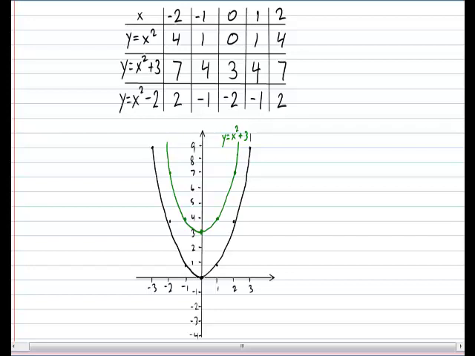Now let's take a look at the third parabola where 2 units were removed from the x squared. I'm going to draw that with a red pen. Okay, so carefully put down your coordinates. When x is 0, y is minus 2, right there. When x is minus 1 and positive 1, both the y values are minus 1. So that'll make it about there and there. And when x values are minus 2 and 2, both y values were positive 2.